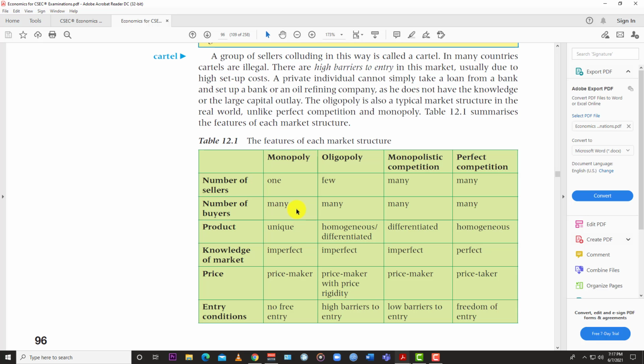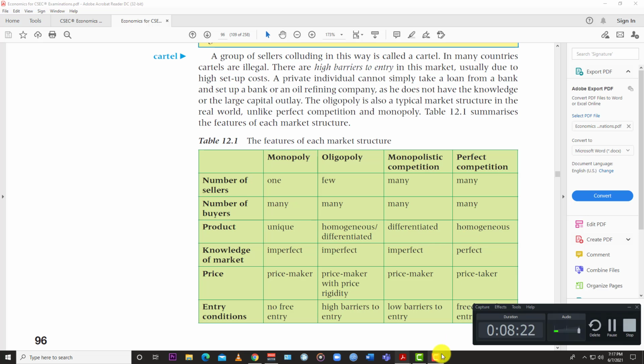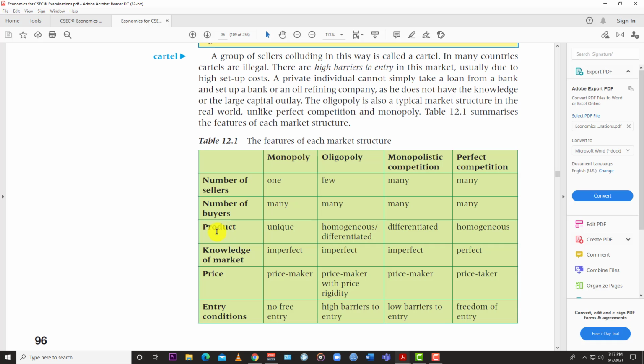And so we realize that if you compare it to perfect competition, number of sellers, in this case, 2 or few, right? Whereas in perfect competition, many. Number of buyers, many for all of them. The product tends to be homogeneous, but can be differentiated. In perfect competition, it's homogeneous, while it cannot be differentiated.